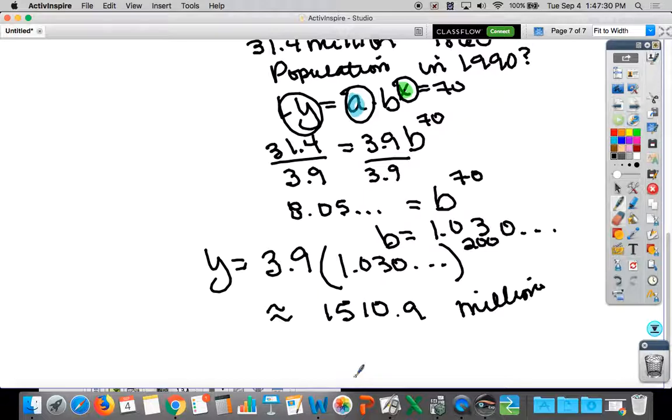And that would be okay. What they did in their answer is that they know that 100, so you're going to move this back over here, and it's going to be 1.5 billion.